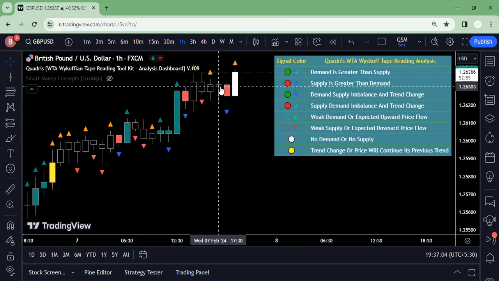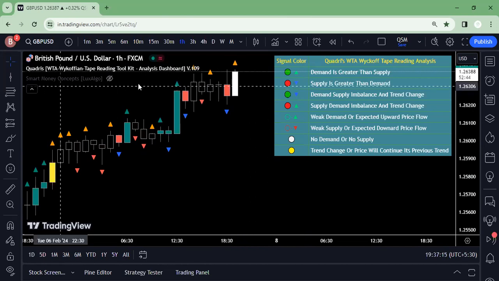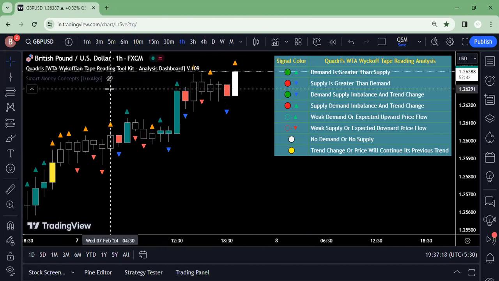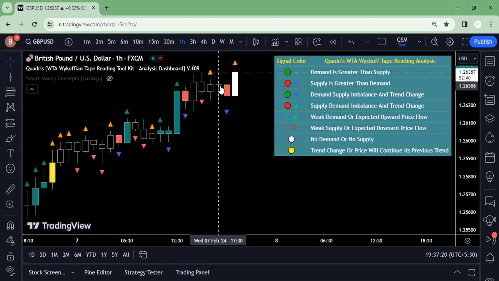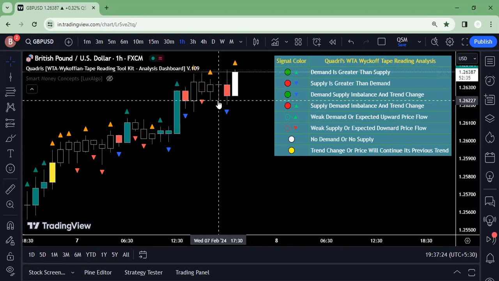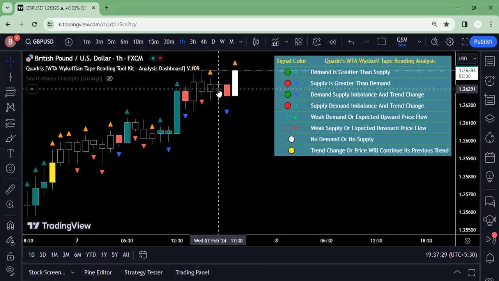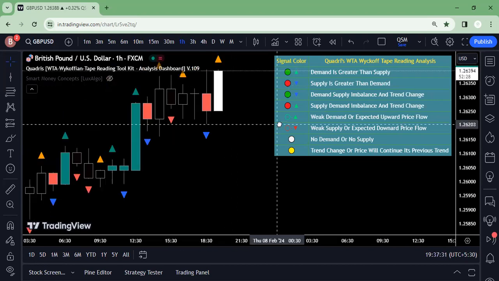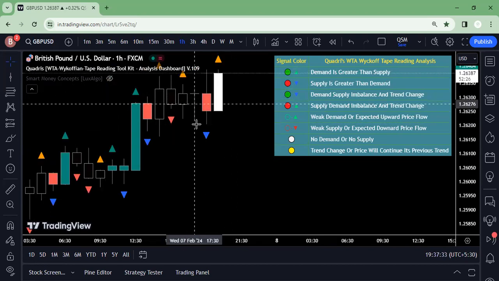If you observe the last few minutes of footage of my last video, where I discussed ICT with Wyckoff and my tape reading toolkit, this was a green candle with a blue triangle. So an evident trend change was there. But later, after the completion of the candle, it was confirmed that this is a normal candle.